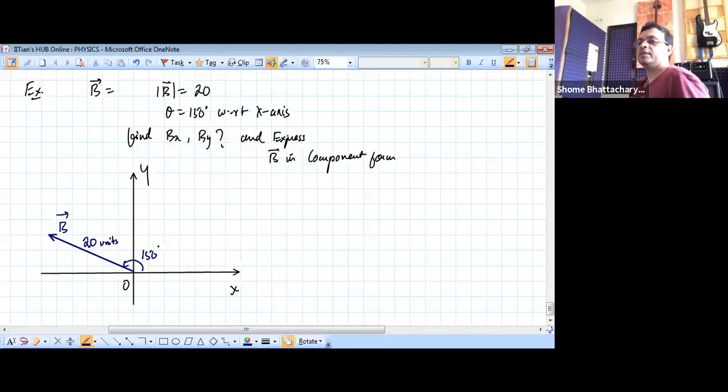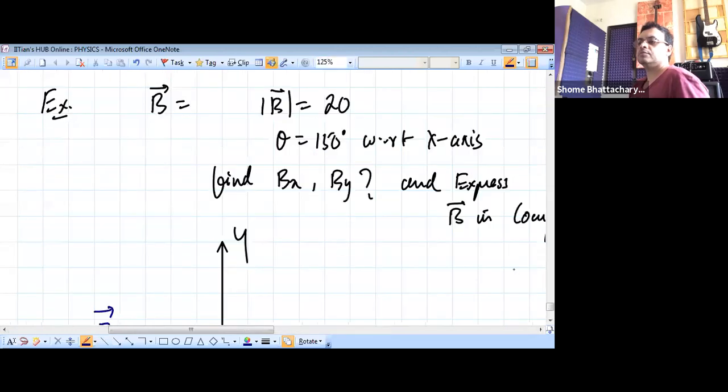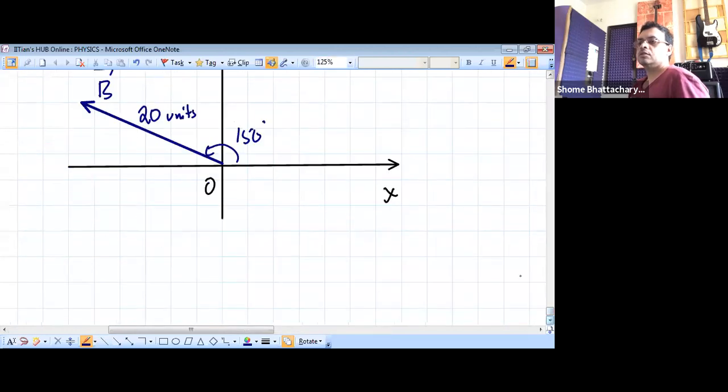So now if I want to find the components using geometry, in this diagram I would simply drop a perpendicular here. Now in this triangle, I would see that this angle is 30 degrees.